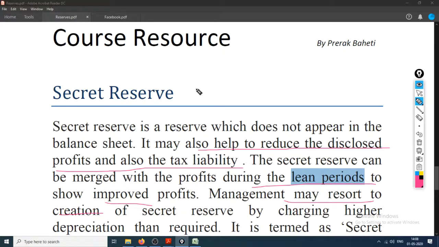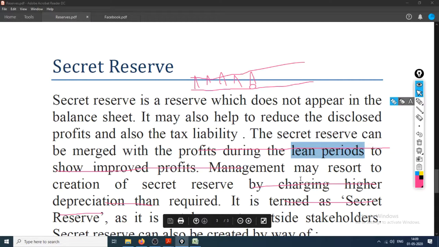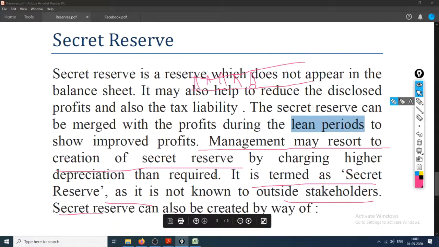So suppose every year the profit is this, and this is a graph. And one year the profit is this. Hence we will introduce our secret reserve to maintain the correct graph of profit and to make the investors interested. It is termed as secret.